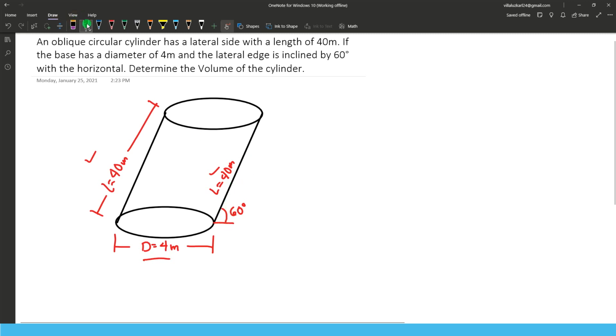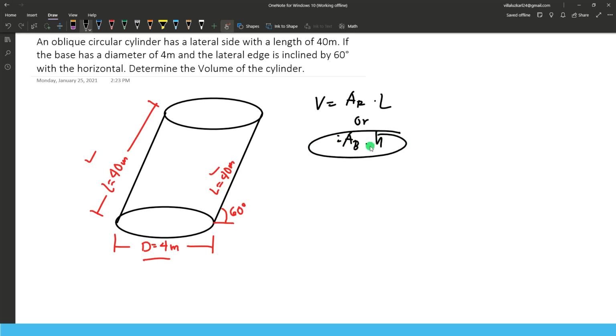In determining the volume, we can use the formula volume equals area of the base times L, or we can use area of the base times the altitude H. If we use this formula, which is the easier one, we only need the value of the altitude H.